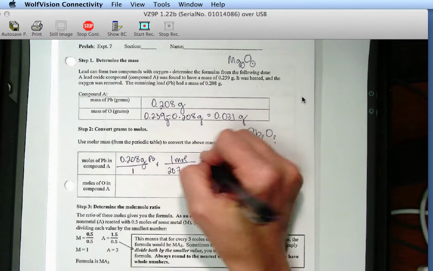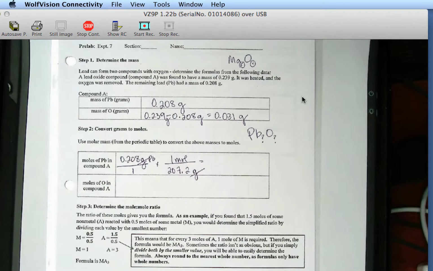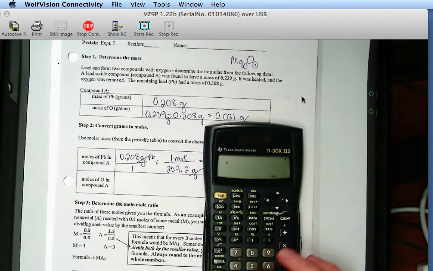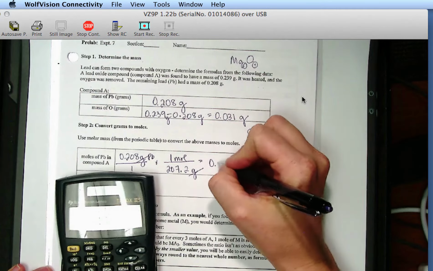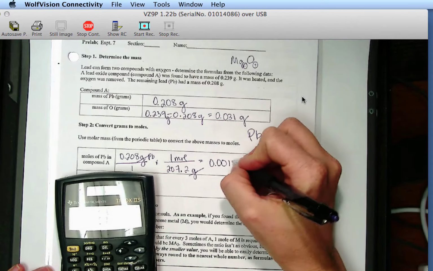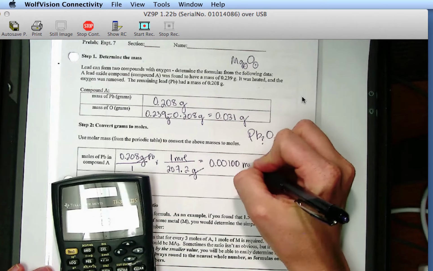You're going to divide by that to get your grams to cancel out. You get a small number. How many sig figs? 3. 0.00100 moles.